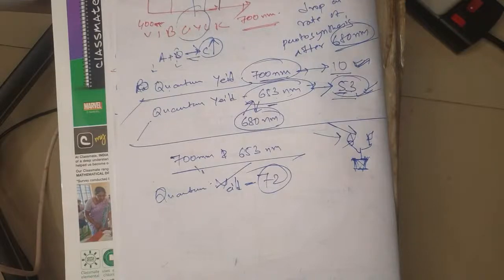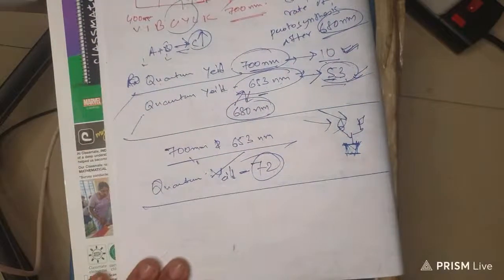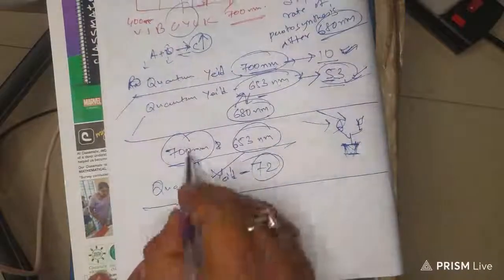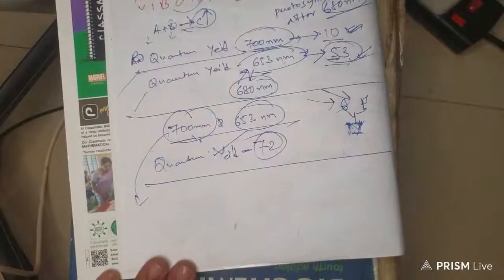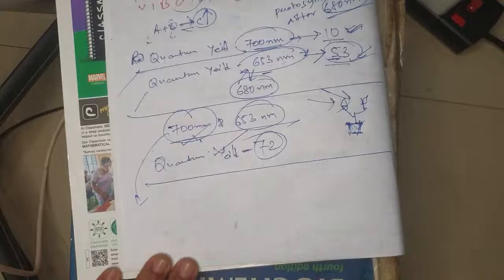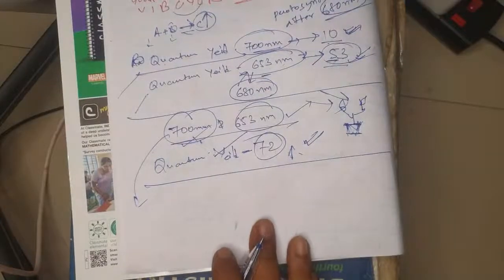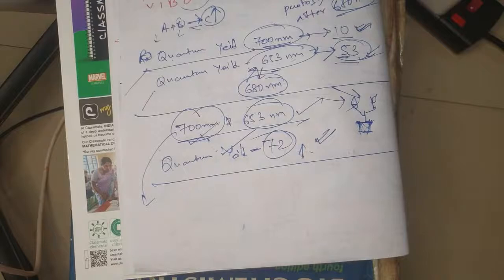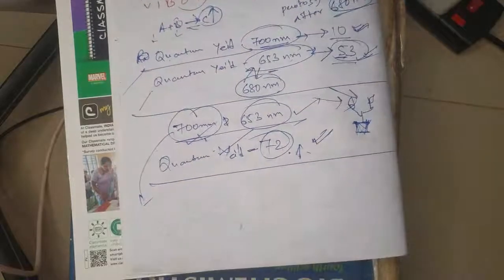Then what actually is happening, it is most probably কি হচ্ছে যে এরা দুজন একসাথে কাজ করলে, means in the thylakoid or in the chlorophyll pigments, some chlorophyll pigments are absorbing 700, some are absorbing 653, and when both of them are working together, giving rise to 72 quantum yield, they are giving the largest amount of yield.